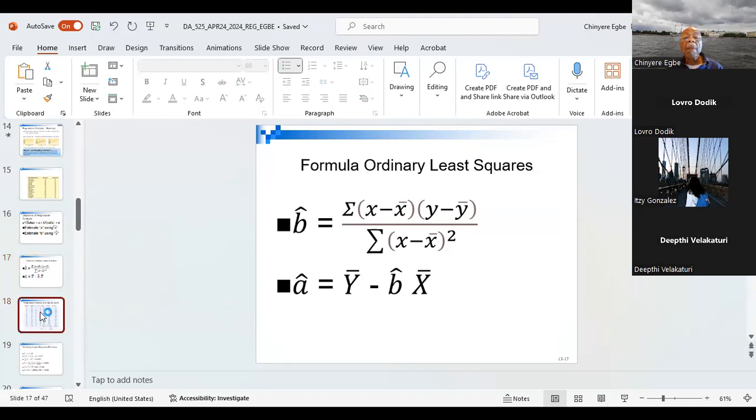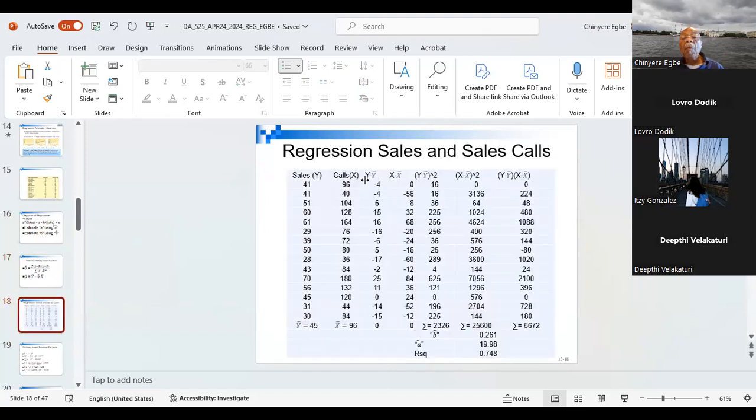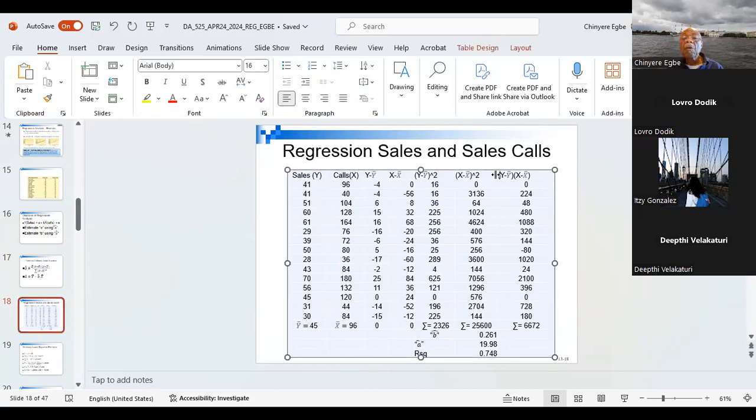So you must have Y minus Y bar, X minus X bar, and then Y minus Y bar times X minus X bar. You get the sums, but I will implement it right here before you. So I'm going to stop share for a minute and pull up an Excel file.